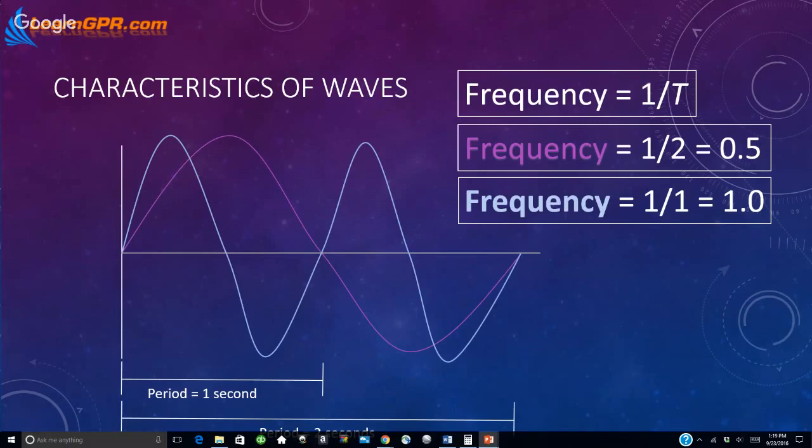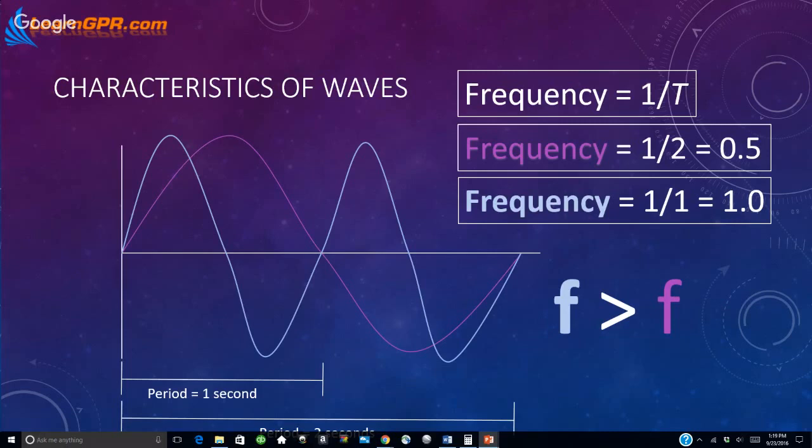If you said the blue wave has a higher frequency than the purple wave, then you have the right answer. In fact, it has a frequency twice as high as the purple wave.